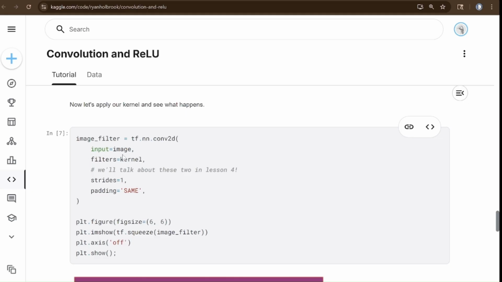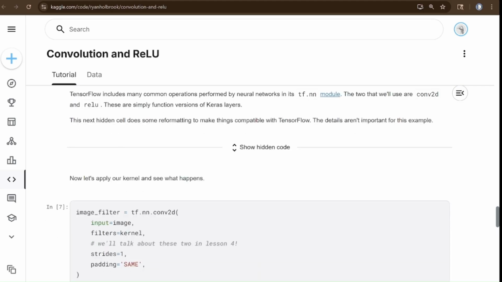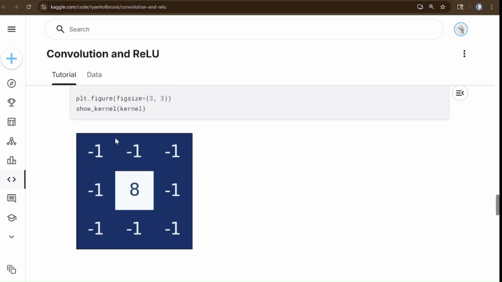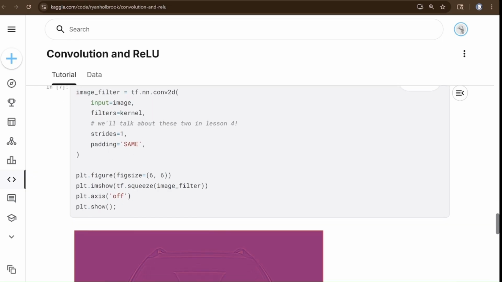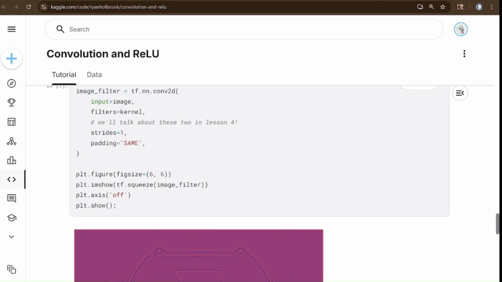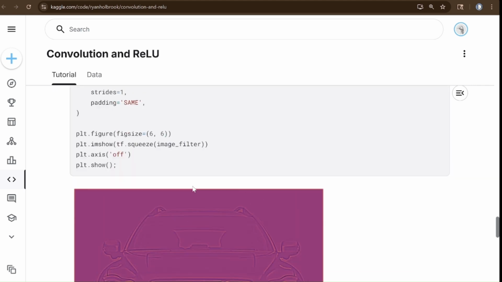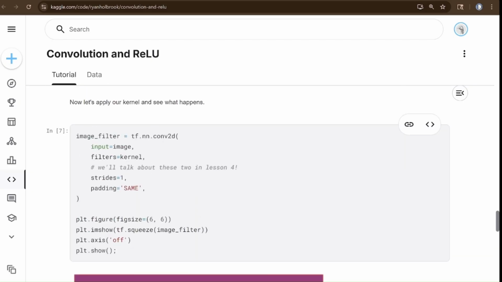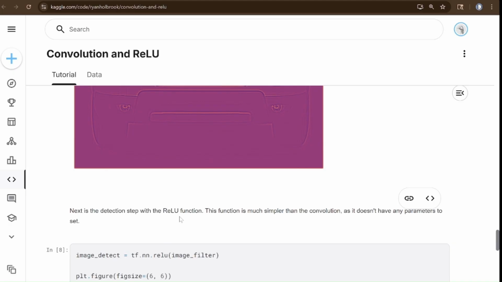Input is the image, this is our input. Filters equal to kernel, this is our filters. Strides equal to 1, padding equal to same. These things I will tell you later. Now you are taking the figure and you are getting this output. This is your filtered image. So here you can see you have applied convolution 2D. Next step, adding the ReLU function.